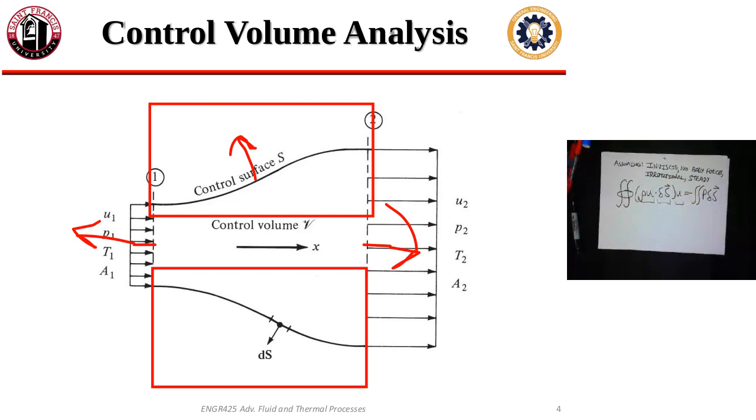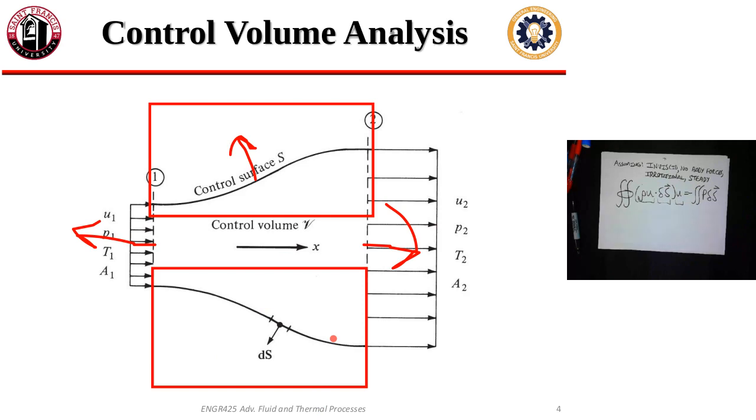Yeah, by definition, the velocity on a streamline is tangent to the streamline, so it's perpendicular to a direction normal to that stream. The flow is always tangent to the streamline itself. So here and here, the flow is perpendicular to the area vector, which means the momentum is perpendicular to the area vector.